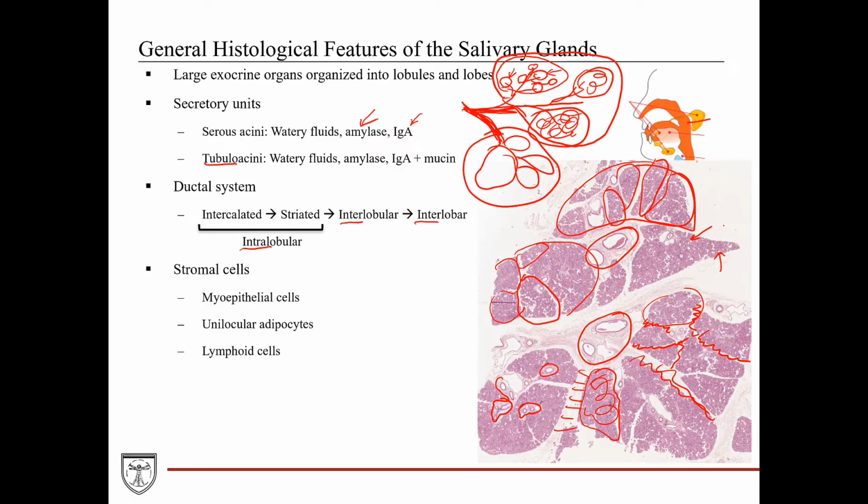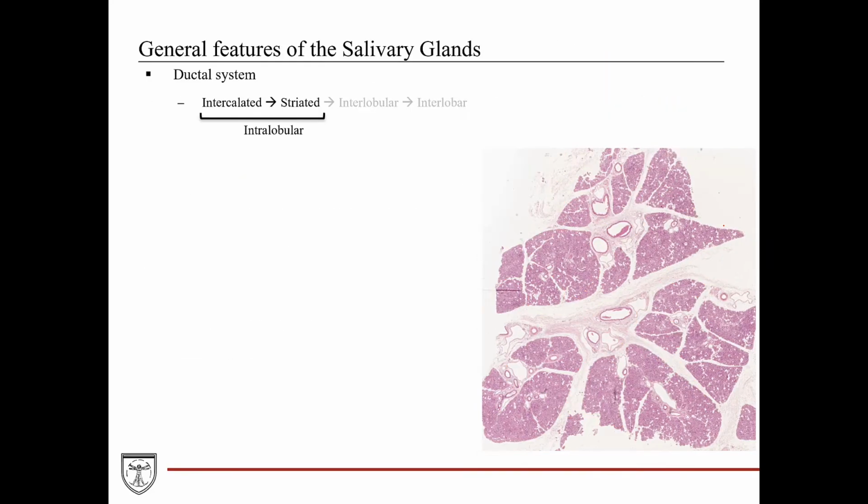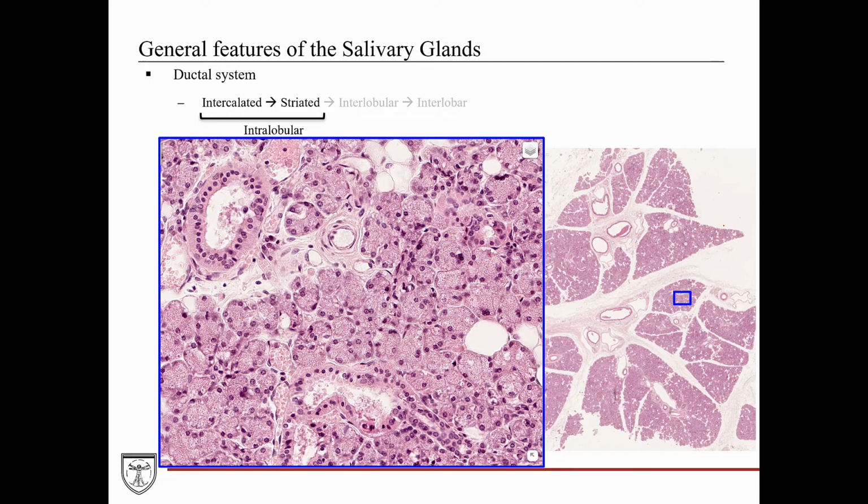Let's look at the ductal histology in a little more detail. Starting with the two types of the intralobular ducts, we need to zoom in into a small area within the lobule to see some of these intralobular ducts. And just to kind of orient ourselves, for the most part, this field of histological image is comprised of these secretory units, which are mostly serous acini that are producing watery secretions with proteinaceous materials in it, such as IgA, amylase, and things like that.